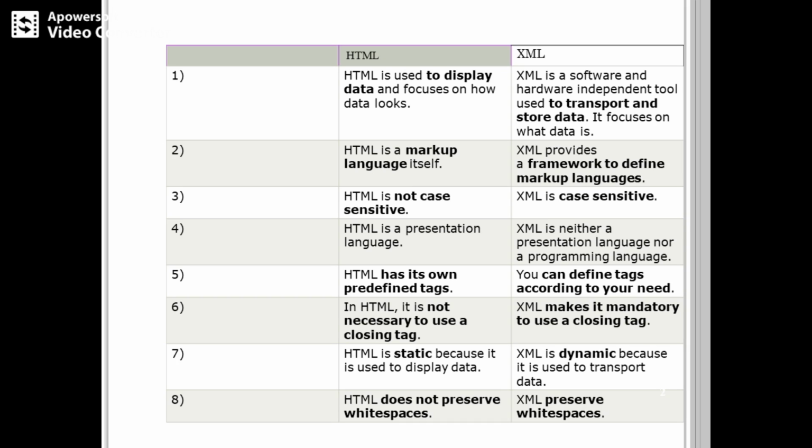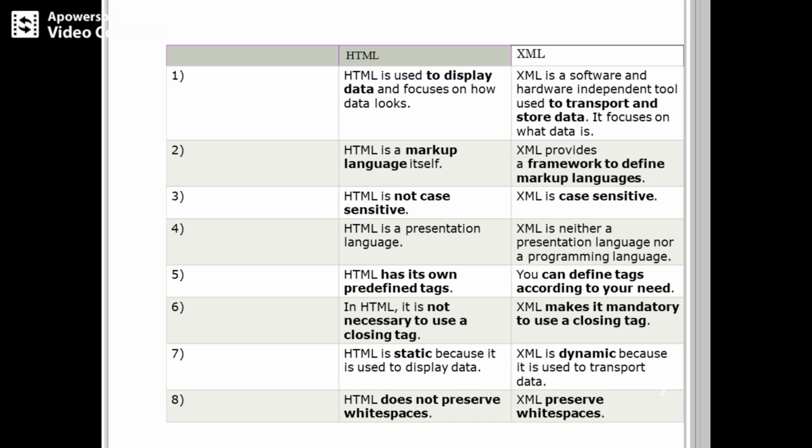In HTML, we have predefined tags. XML concentrates on the user's development. In HTML, there is no need to use a closing tag; by default, it assumes it, whereas XML gives importance to the order as well as the nesting or closing of tags.